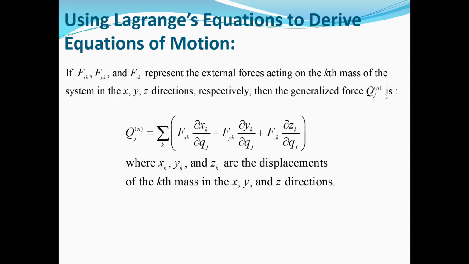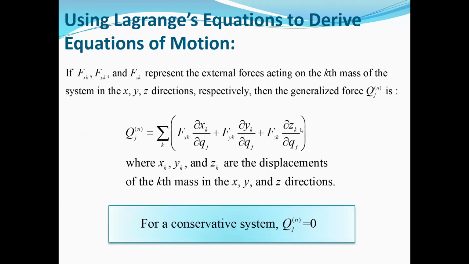Only sometimes when we deal with damping in our system, there is one point that you should consider to calculate Qj. Otherwise, it will be easily calculated from the geometry of your system, and you can predict what Qj is. And finally, the last point is, for a conservative system, Qj is 0.